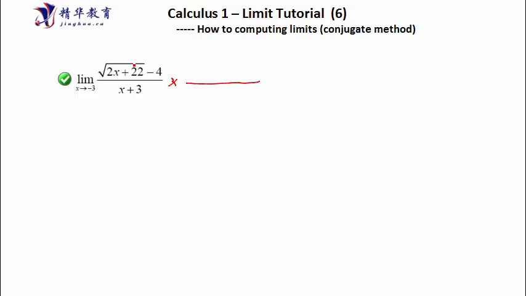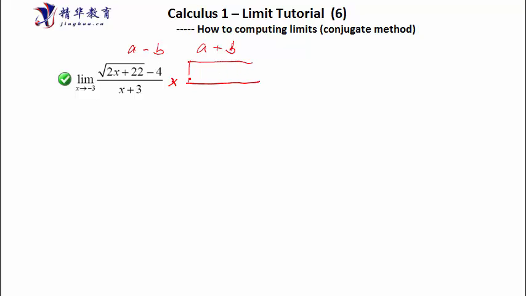If you see a square root and then you see minus a number or plus a number, you know you're going to use the conjugate. There aren't other ways, just remember this. Conjugate means: if we have a minus b, we're going to times a plus b. A minus b and a plus b are conjugates of each other.